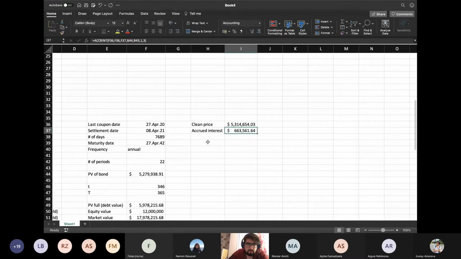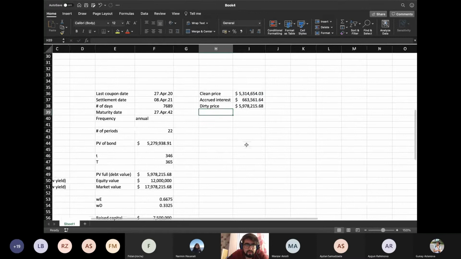So dirty price is equal to clean price plus this amount of money. It is the same, we get full price. Is it clear, Ilgar?